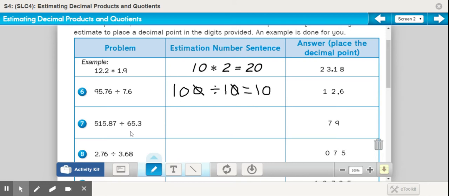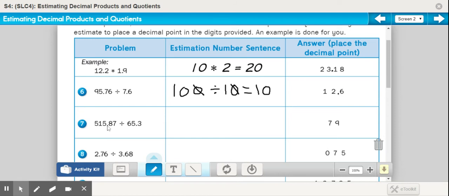Number 7. Number 7, 515 and 87 hundredths divided by 65 and 3/10. So this one is definitely probably the trickiest one on the page.